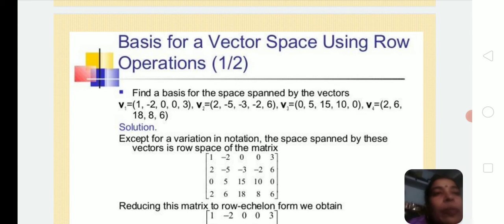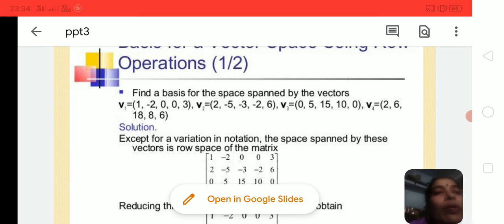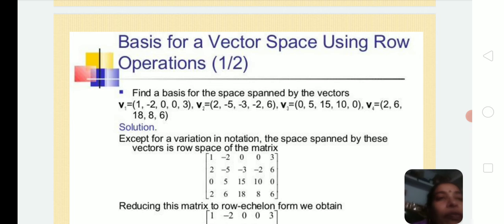Basis for a vector space using row operations. Find a basis for the space spanned by the vectors v1 = 1 -2 0 0 3, v2 = 2 -5 -3 -2 6, v3 = 0 5 15 10 0, and the last vector v4 = 2 6 18 8 6.